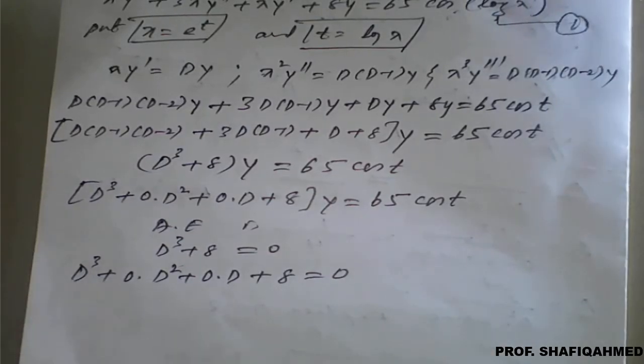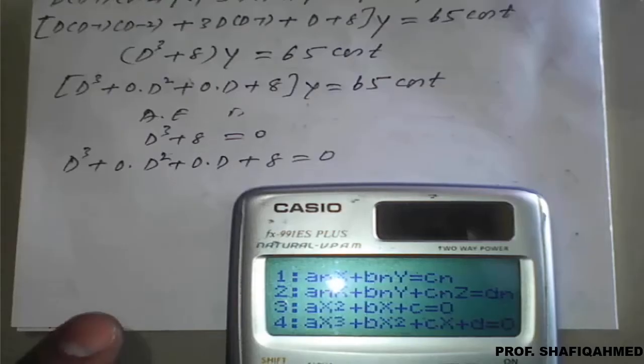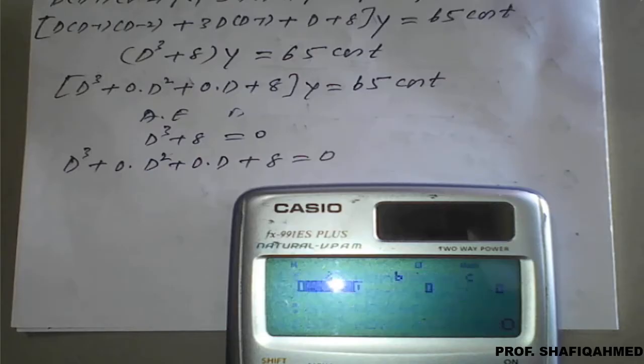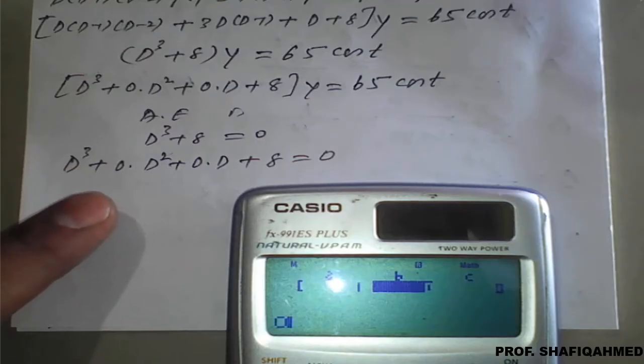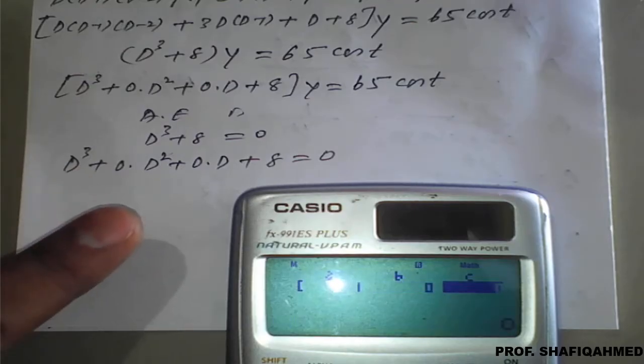So take the calculator and apply. For a cubic equation, press option 4. Coefficient of D cube is 1, press equal, D square is 0, D is 0 and constant is 8.